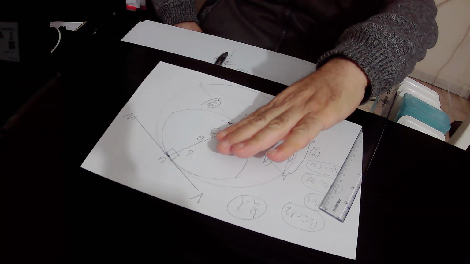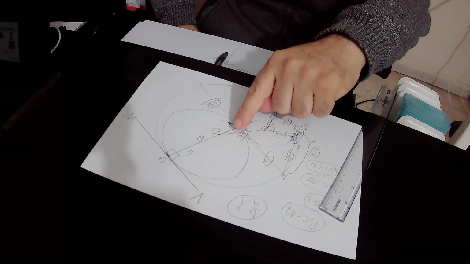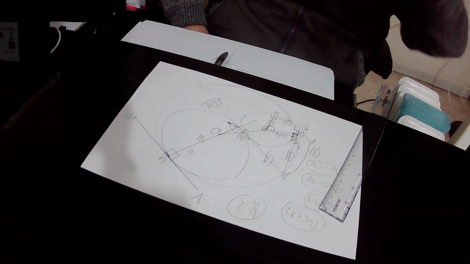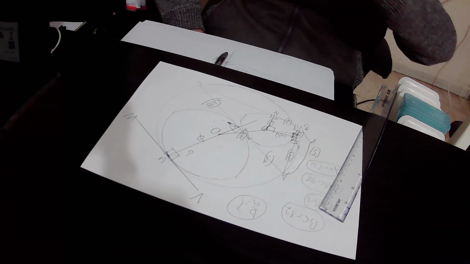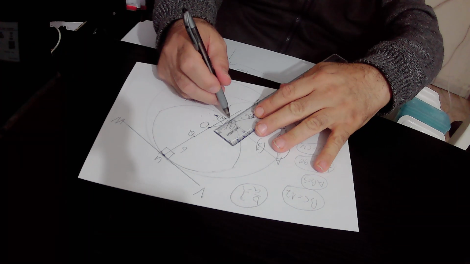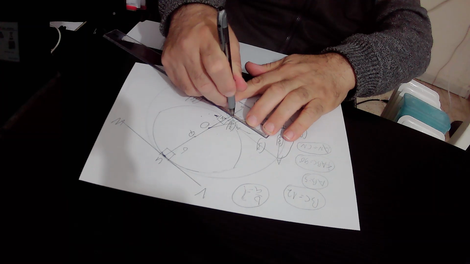We have this angle equal to 90 degrees plus the missing angle, and in total it must be 180 degrees. Therefore the missing angle must be equal to 90 degrees.